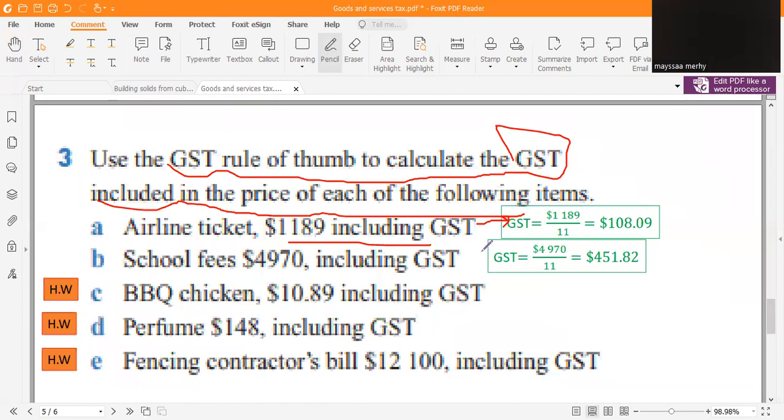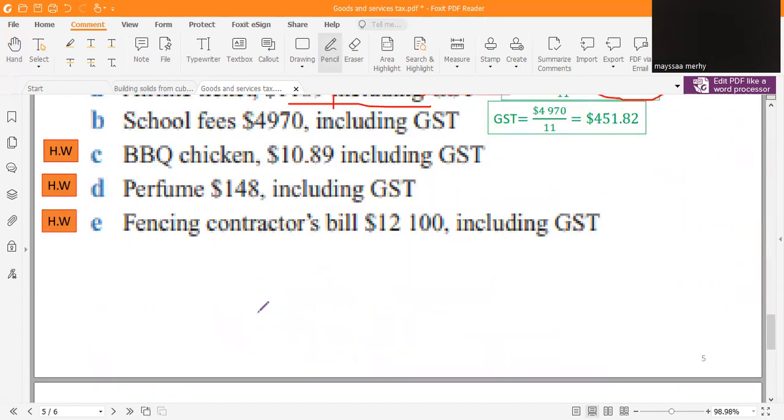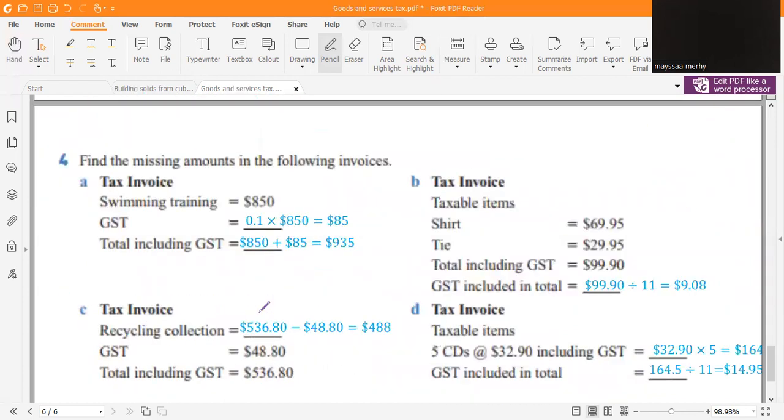The GST from the price including GST is equal to this amount divided by 11. So we divide $1,189 by 11 and we will obtain the tax. You can take the remaining parts as homework. So, very easy.